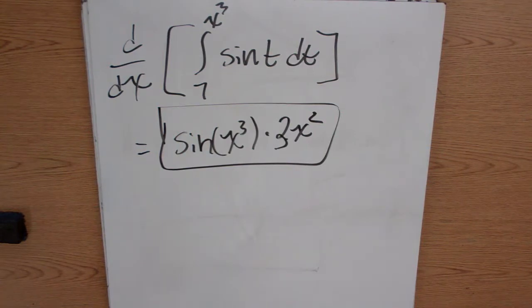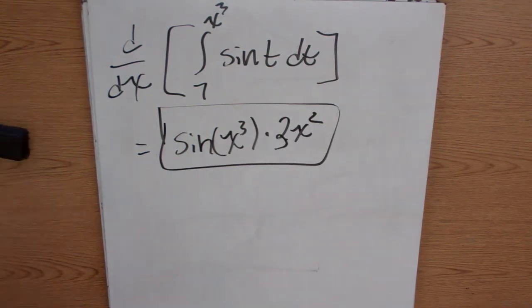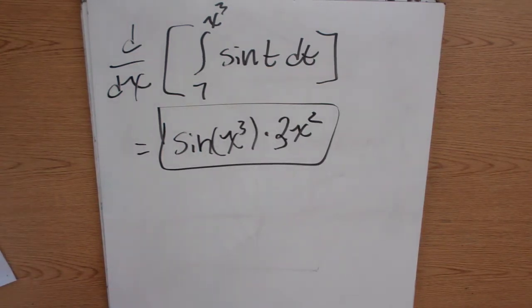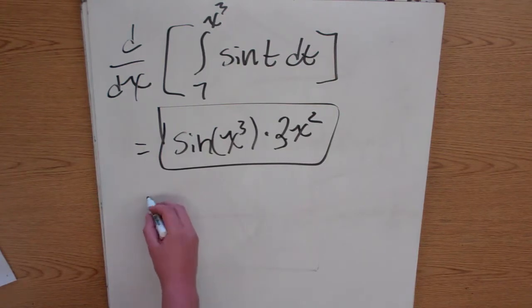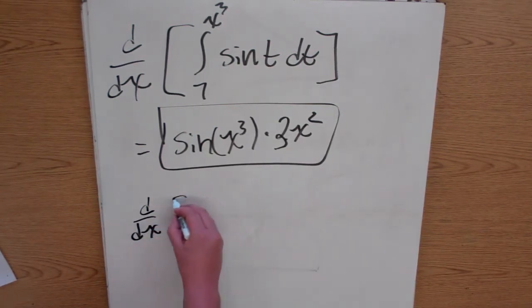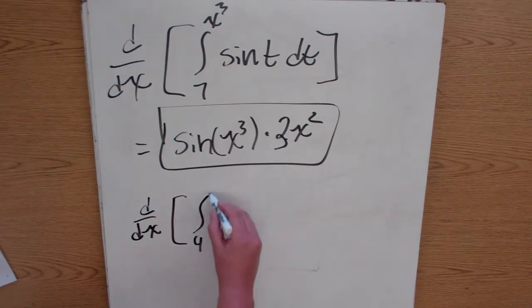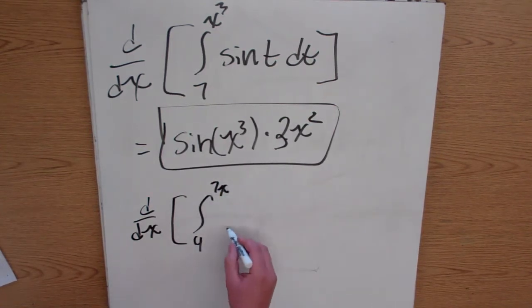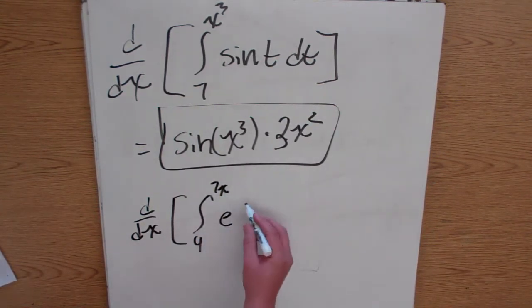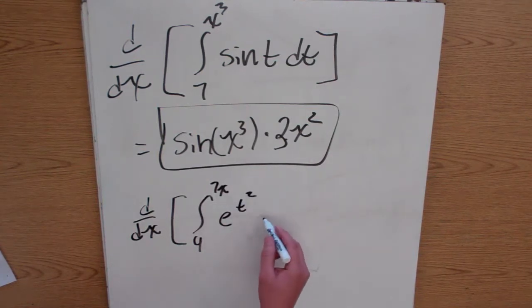This also transfers over, but one more example. I promise this is the last one. I know I've said that for the last few minutes. What happens if we did the derivative of the integral from 4 to 7x of e to the t squared dt?